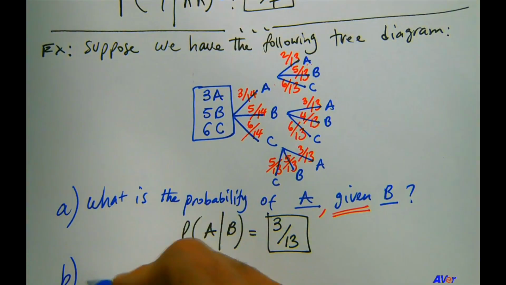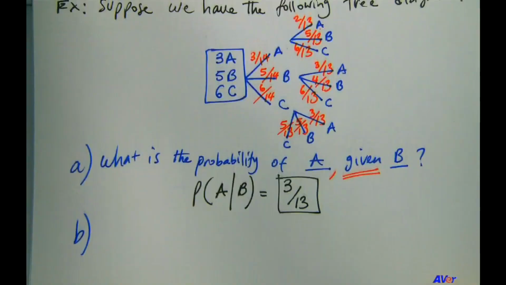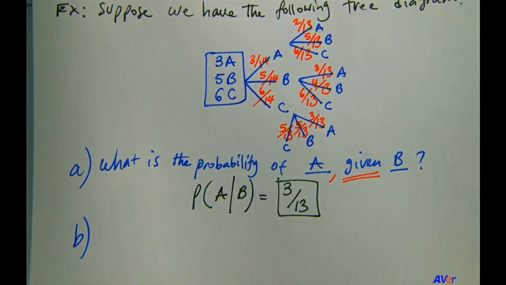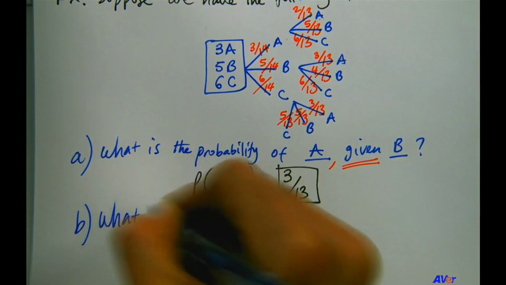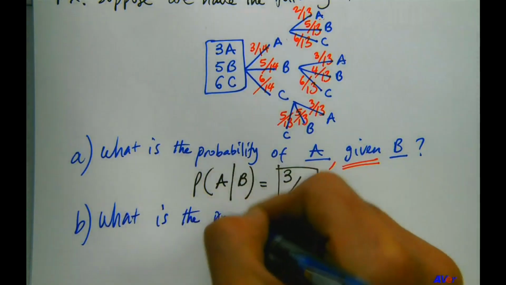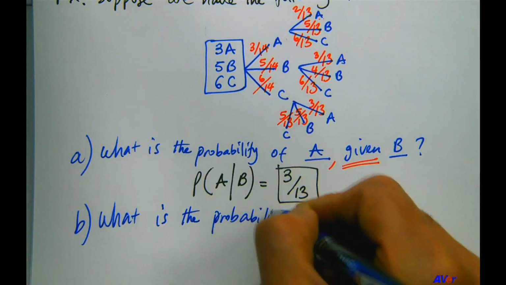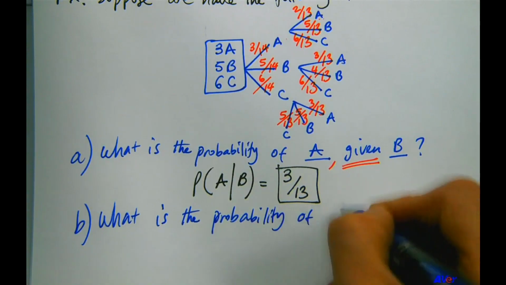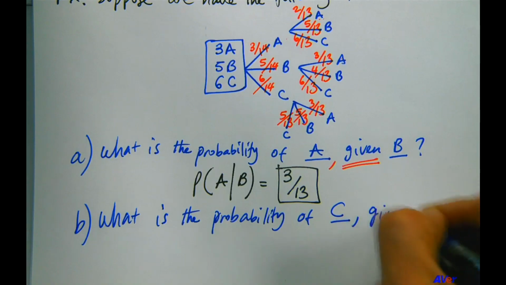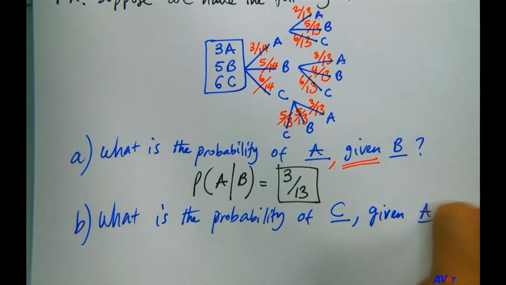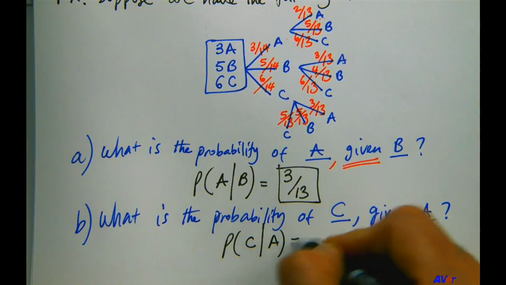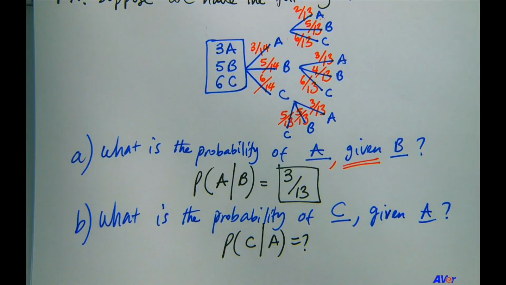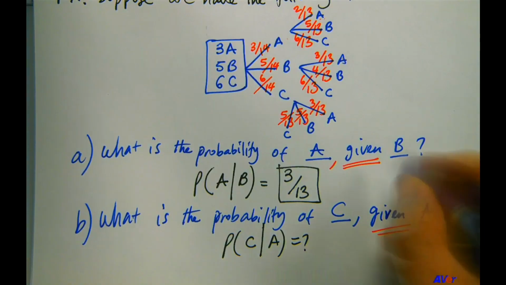Part B, we want to know, let me move this up. So like that. We want to know the probability of C given A, right? So we're looking for probability of C given A. That's what we're looking for. And again, this is conditional probability.